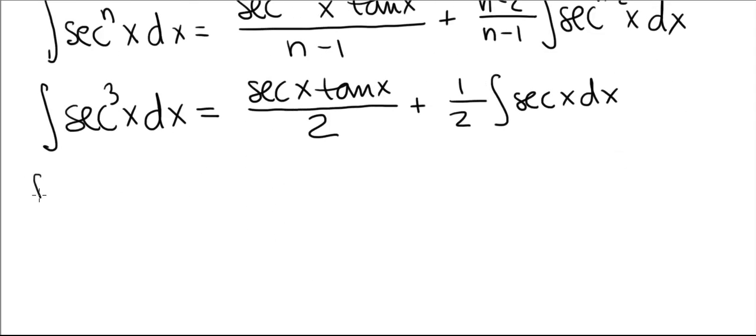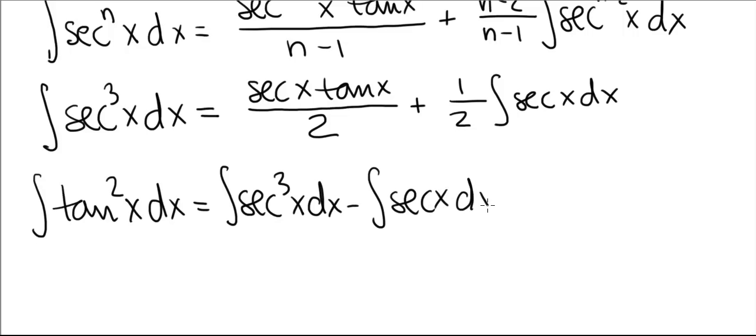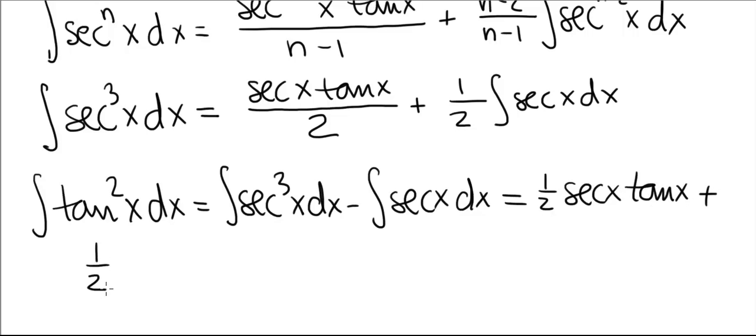Our original problem was the integral of tangent squared x secant x dx. We expressed it as the integral of secant cubed x dx minus the integral of secant x. By the reduction formula, the integral of secant cubed is 1/2 secant x tangent x plus 1/2 times the integral of secant x.